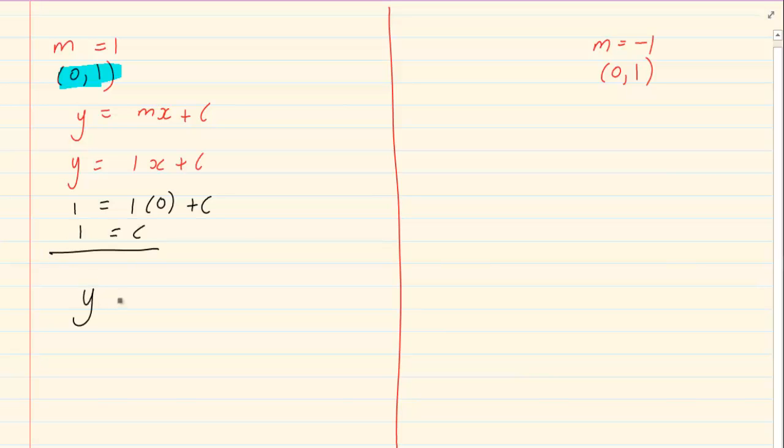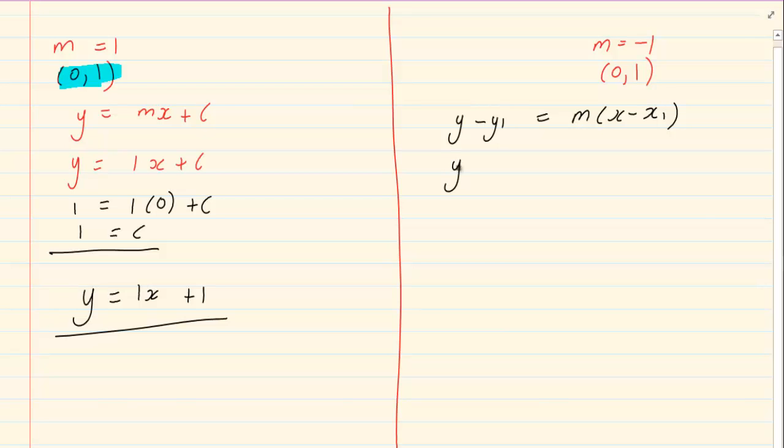So how do I rewrite it? Y is equal to 1x plus 1. The second method you can do, remember this is a different equation, I'm just showing you two different methods of getting the equation of a straight line. Y minus y1 is equal to m times x minus x1. So I have y and then my x1 and y1 is my coordinates.